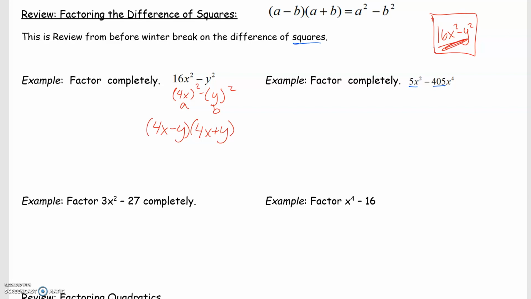And when I say perfect squares, I'm talking about 1 squared is 1, 2 squared is 4, 3 squared is 9, 4 squared is 16, 5 squared, 25, 6 squared, 36, 7 squared, that's going to give you 49, and so on. So we can say 64, 81, and continue on.